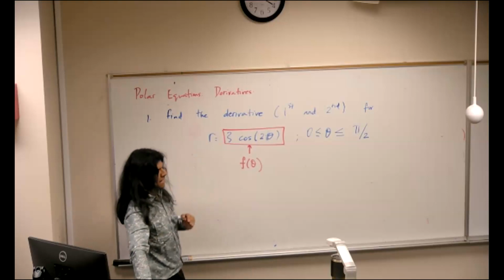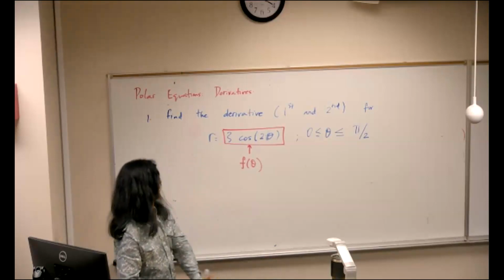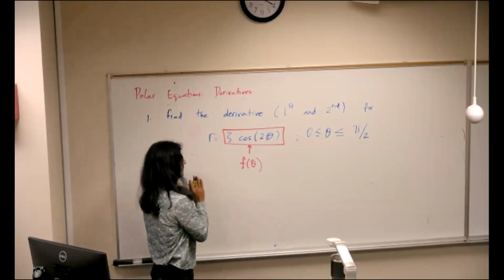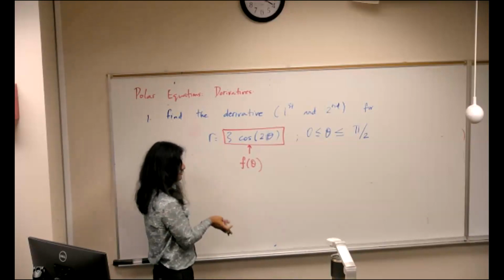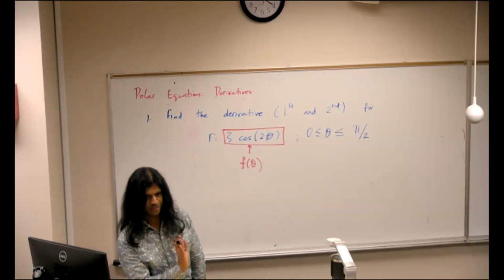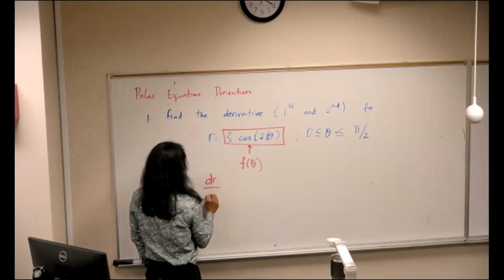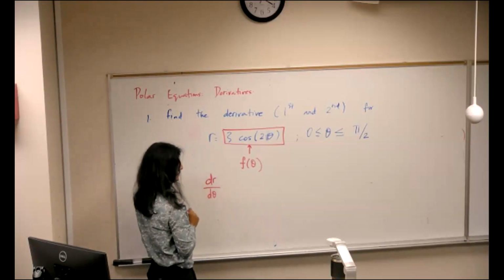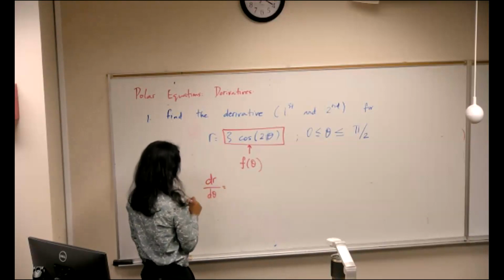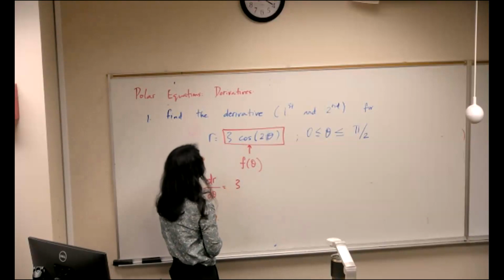I mean, if you have to take the derivative of that function, can I do dr over d theta? Yes, it's the basic approach. So dr over d theta would simply be equal to 3 times the derivative of cosine. What is the derivative of cosine?